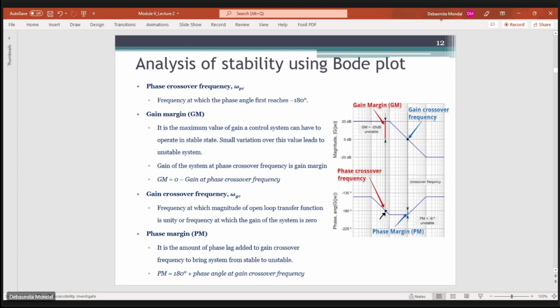Phase margin is defined as the amount of additional phase lag that can be added at the gain crossover frequency in order to bring the system from a stable to an unstable system. The phase margin is defined as 180 degrees plus the phase angle at the gain crossover frequency. So we can play around with this much phase margin in the overall Bode plot in order to keep the system in the stable region.